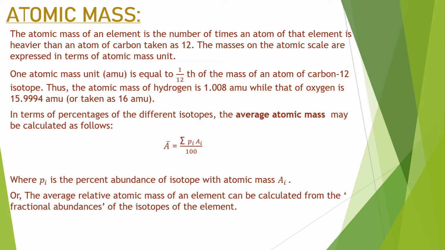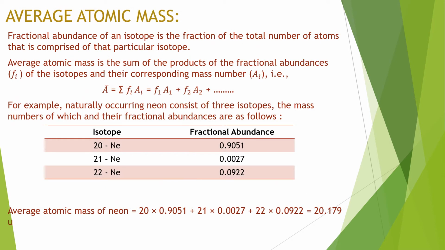There is another method for calculating it. The average relative atomic mass of an element can be calculated from the fractional abundances of the isotopes of that element. Fractional abundance of an isotope is the fraction of the total number of atoms that is comprised of that particular isotope.